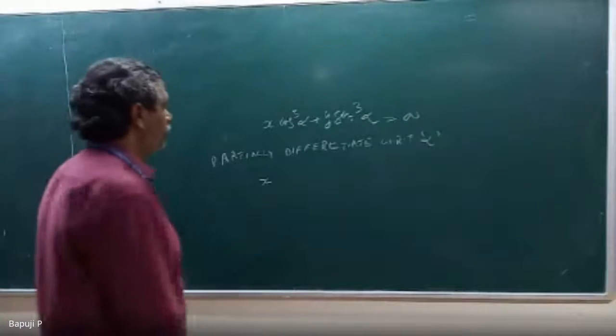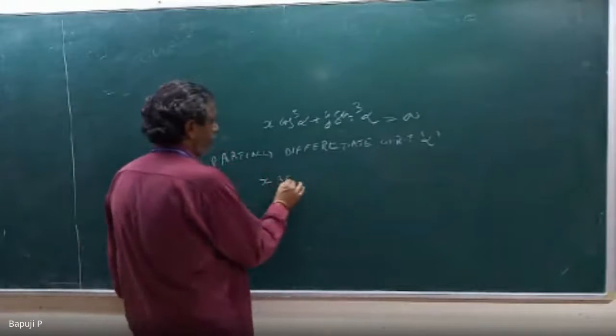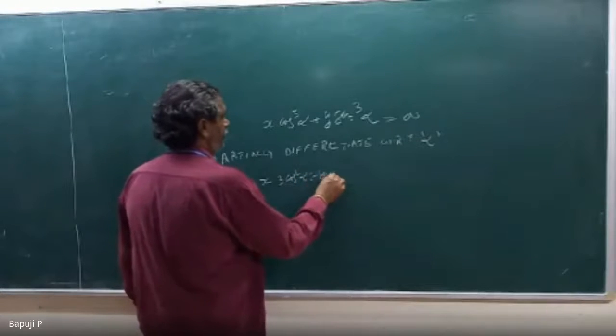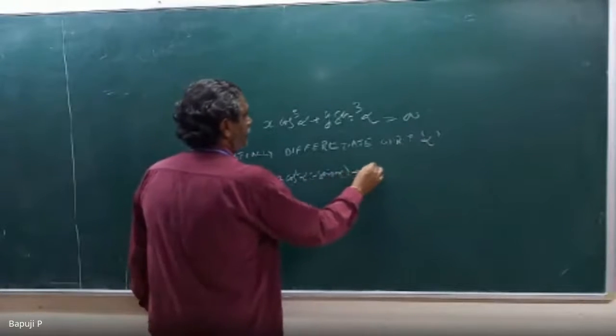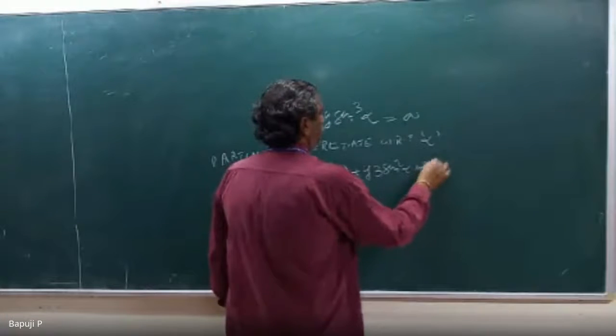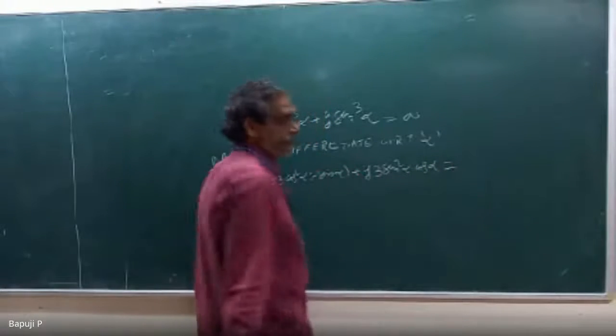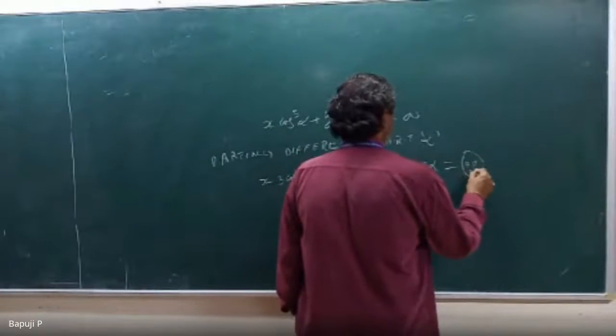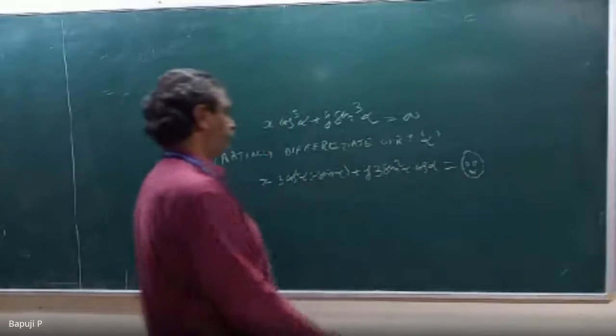Very good. See, first you write the power formula, then the derivative of cos alpha is minus sin alpha. Nice. Plus sin cube alpha differentiation, 3 sin square alpha cos alpha, is equal to 0. Very good.